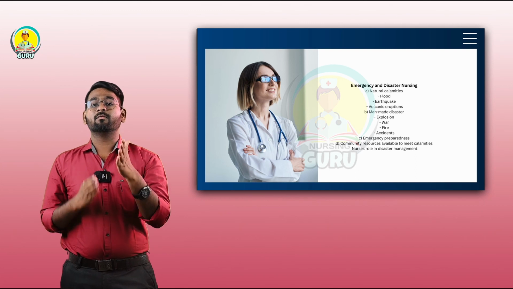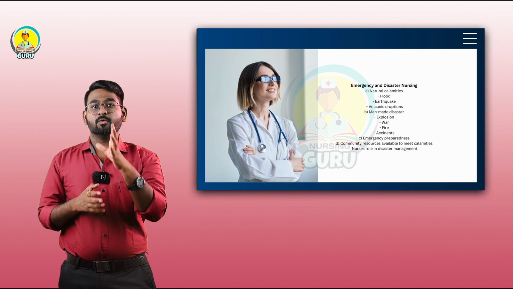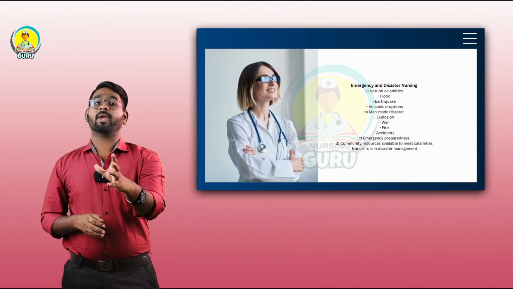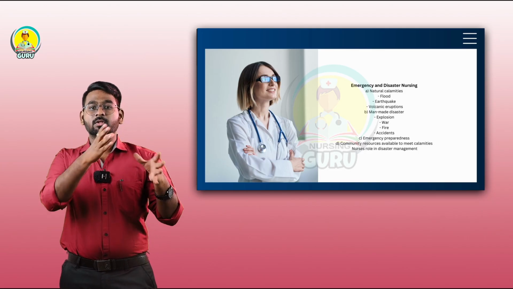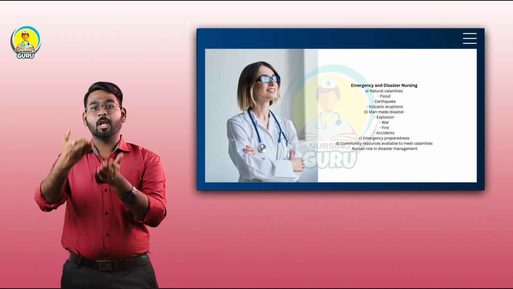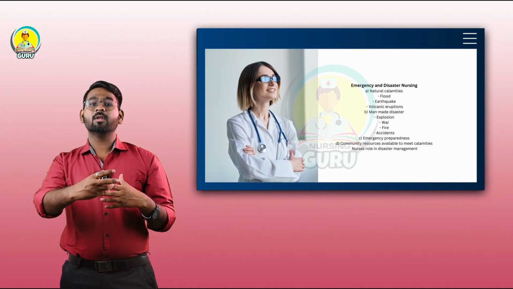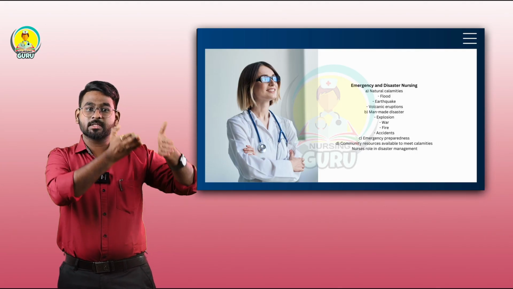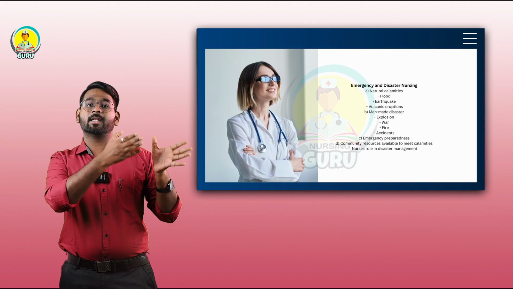Apart from that, we have the triage system. You know about the triage system. Triage is nothing but, depending upon the patient's condition, dividing patients into three categories: red, yellow and green. If a serious condition requires immediate treatment, we take them in the red zone or red category.